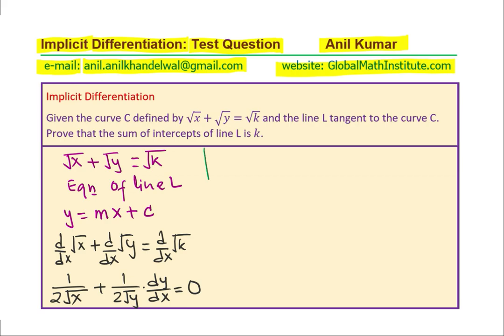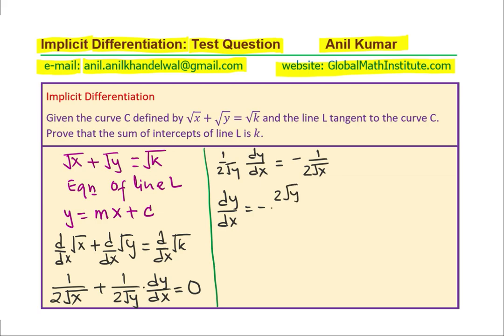So using implicit differentiation, we easily found the derivative, and now we can isolate dy/dx. So 1 over 2 square root y times dy/dx is equal to minus 1 over 2 square root x, or dy/dx equals minus 2 square root y over 2 square root x, and that simplifies to minus square root of y over x.